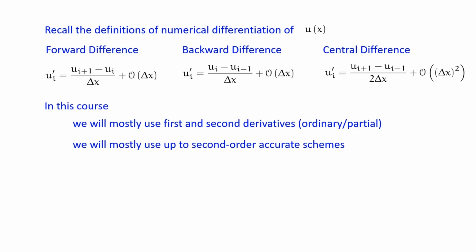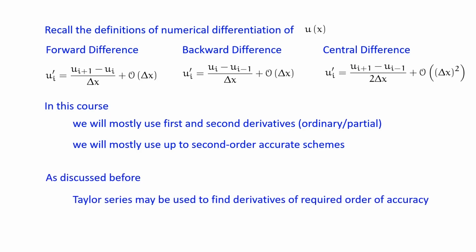In this particular course, by and large we will use first and second derivatives, but not necessarily ordinary. In fact, mostly we will use partial derivatives. And the schemes that we will implement will mostly be second order, sometimes maybe first order. We will see that we can generate schemes based on the available points.